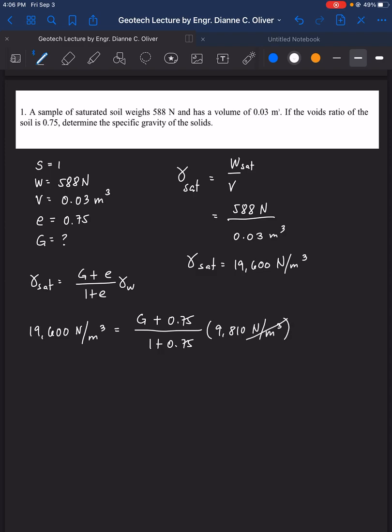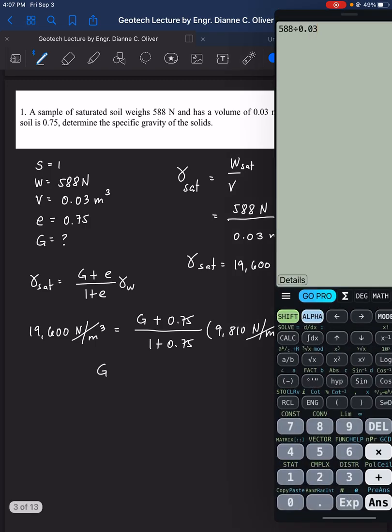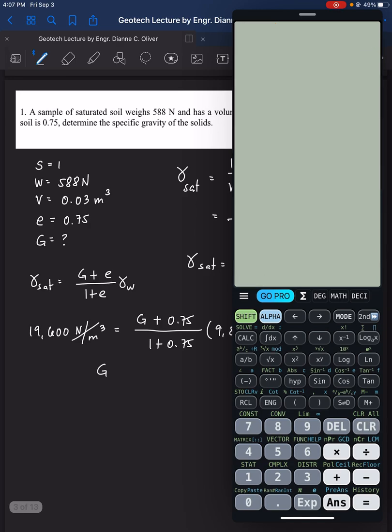So you can cancel the units out and get a value of G that is unitless. Right? So we have 19,600 equals x plus 0.75 over 1 plus 0.75, times 9810 for the water.